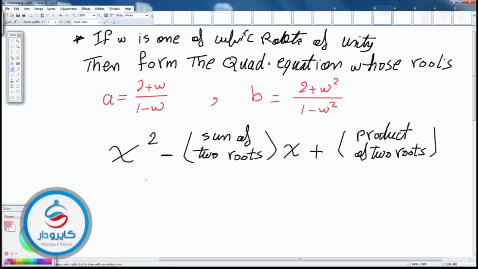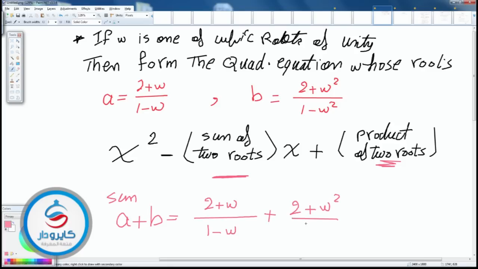Then our steps now depend on getting the sum of the two roots and the product of these two roots. First, a plus b, this is the sum. It will be 2 plus omega over 1 minus omega plus 2 plus omega square over 1 minus omega square.